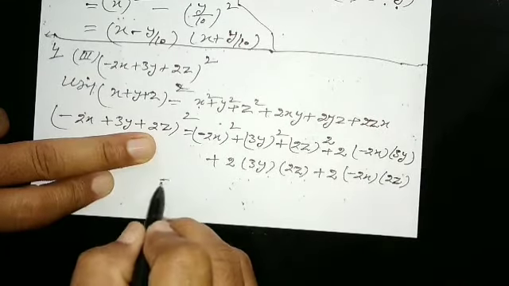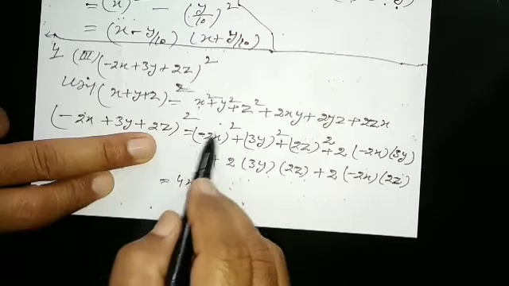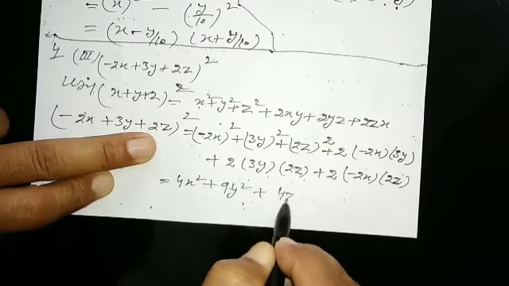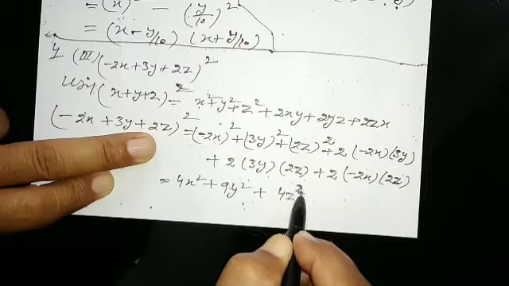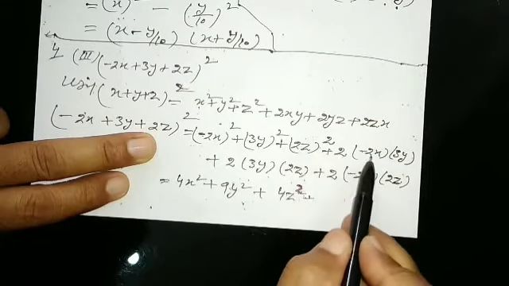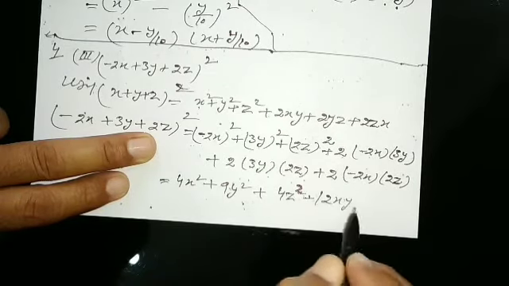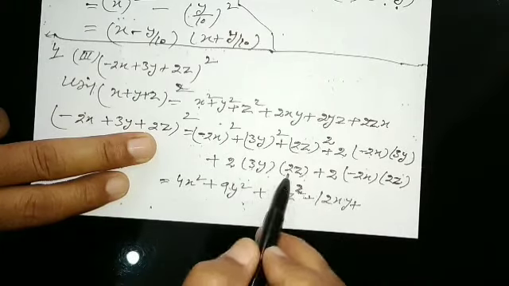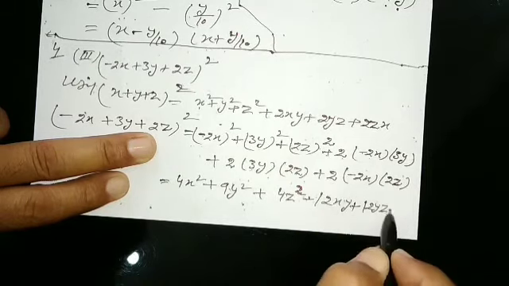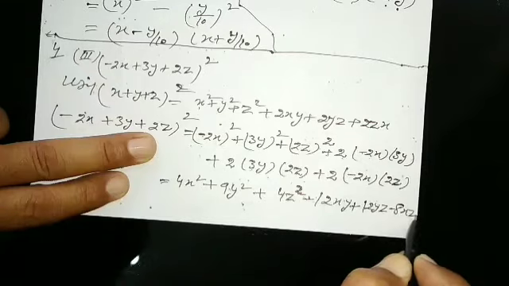Now you will get 4x square, minus is waived here, 9y square, 4z square. Okay, then 2 into 2 into 3, 12xy; 2 into 3 into 2, 12yz; plus minus minus, 2 into 2 into 2, 8xz.